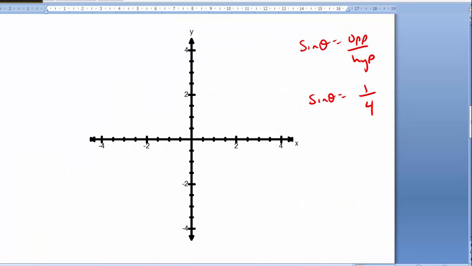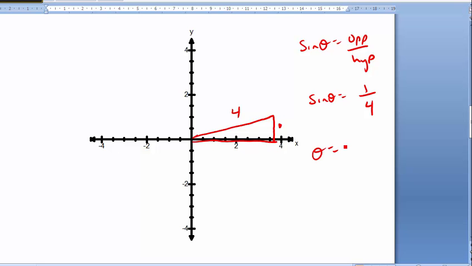What if I said sine theta equals 1 over 4? Well, the opposite is going to be 1, and the hypotenuse is going to be 4, so it's going to look something like this. The opposite is 1, the hypotenuse is 4, the adjacent, I don't know how much that is, but I can work out that angle.